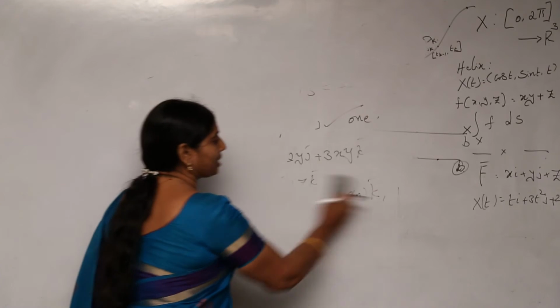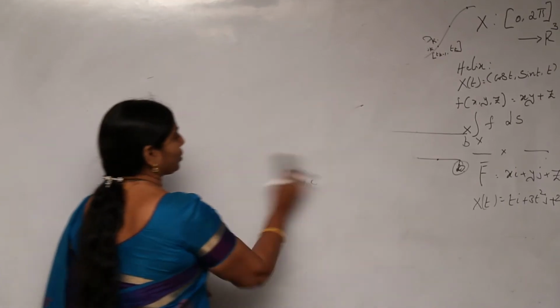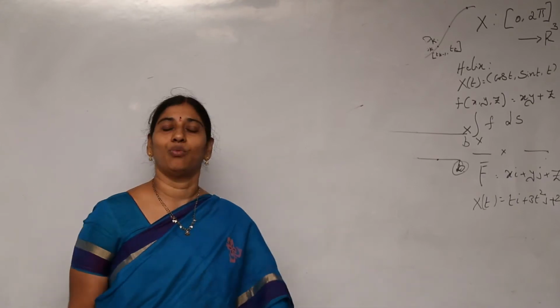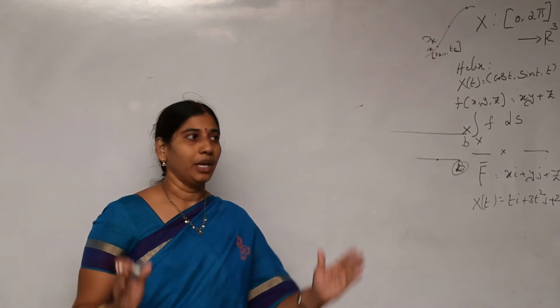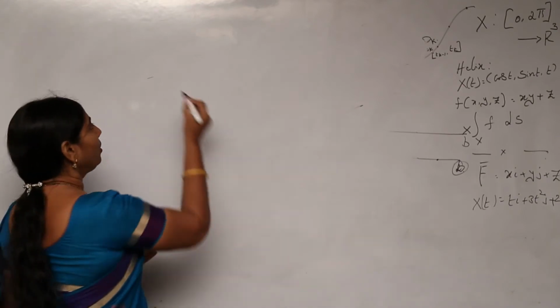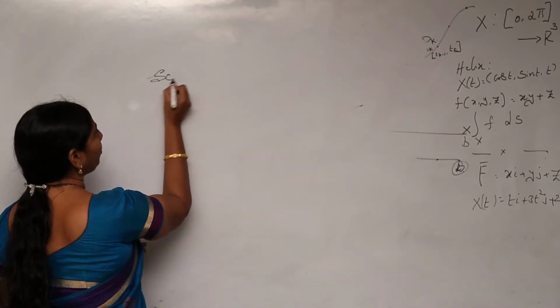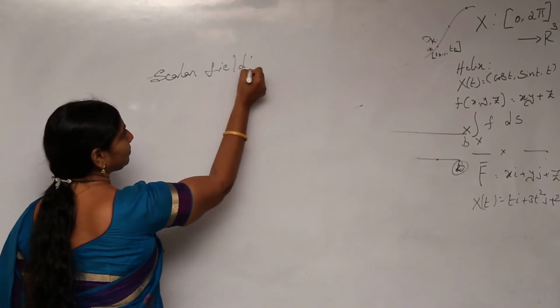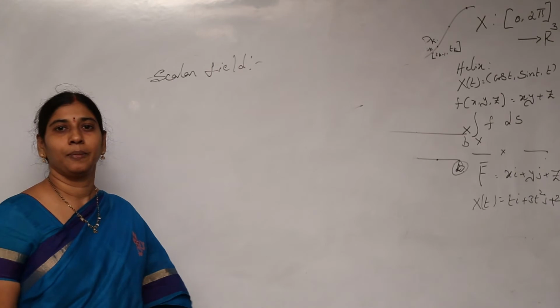What is the significance of these two functions, the scalar function and the vector function? What is their major role? The major role is they define the field. So we move on to what we mean by a scalar field.